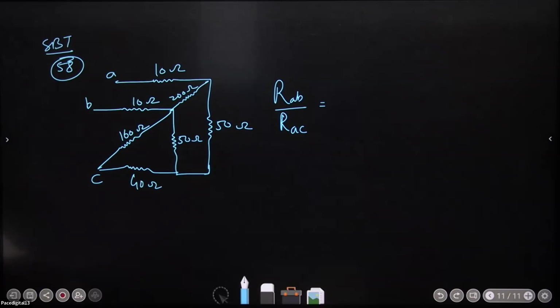It's a simple question, don't amplify. Just that the numbers are not very convenient. The numbers are very uncomfortable.